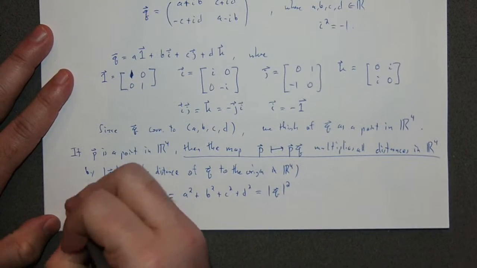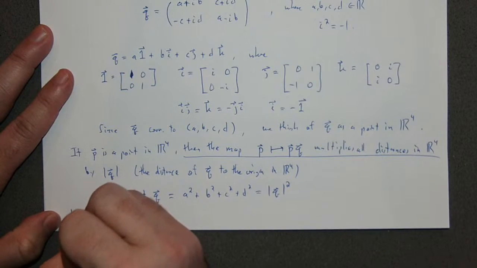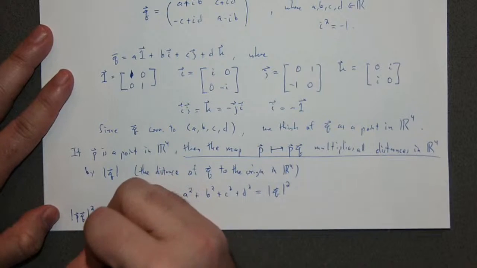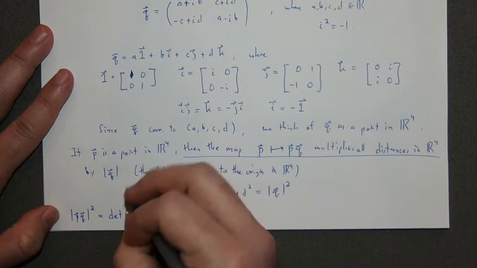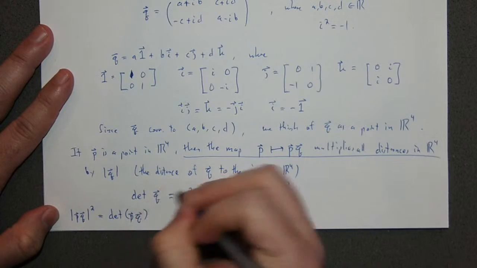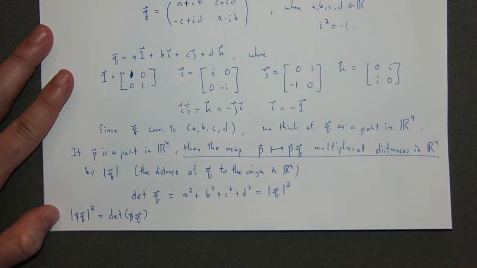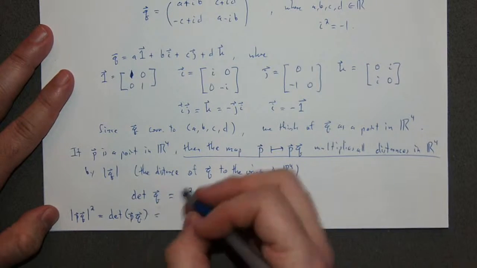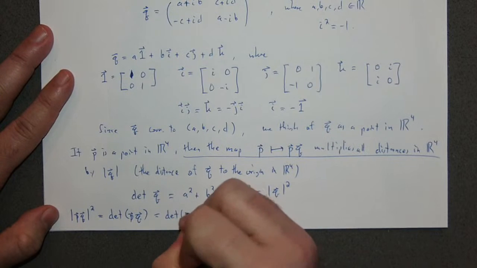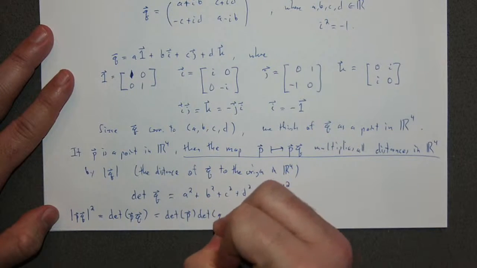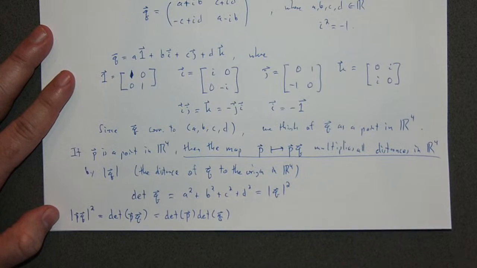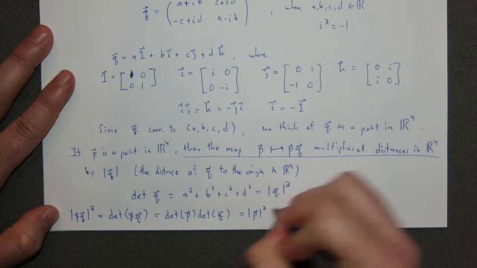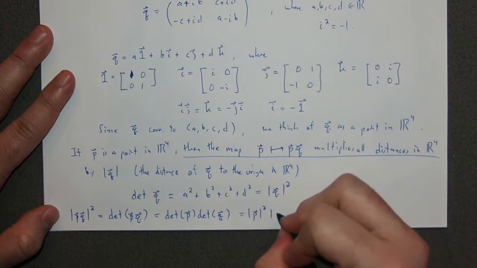If I consider the length of the point PQ squared, that is the determinant of PQ, thought of as a matrix in this way, which is, remember the multiplicativity property of the determinant, the same thing as the product of those determinants. Okay, but the determinant of P is just the length of P squared, and the determinant of Q is also the length of Q squared.